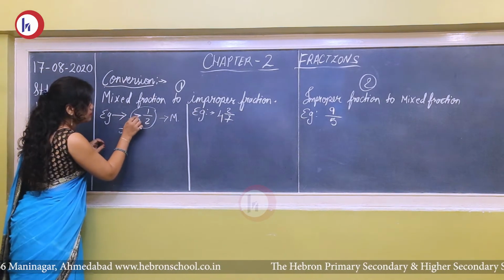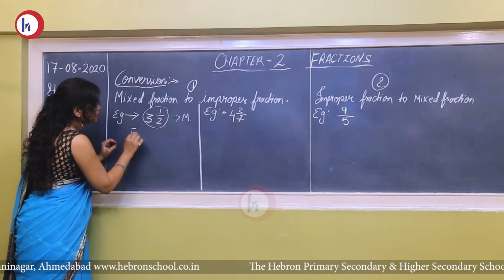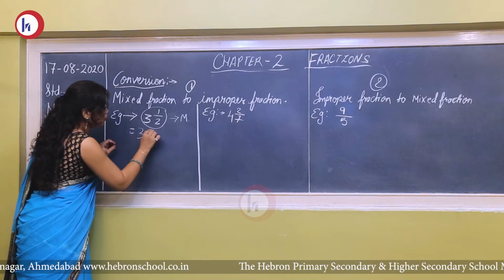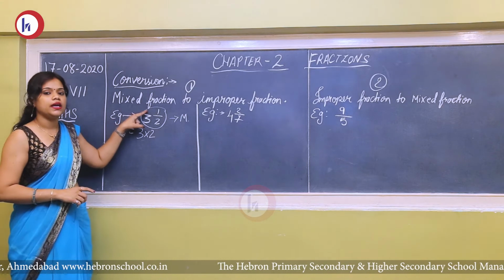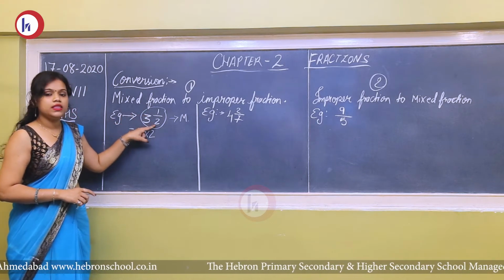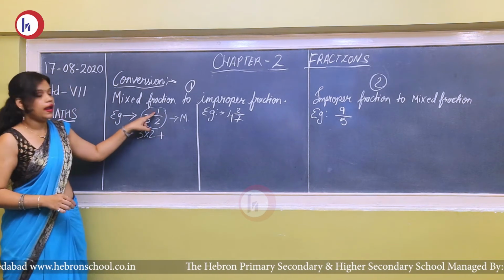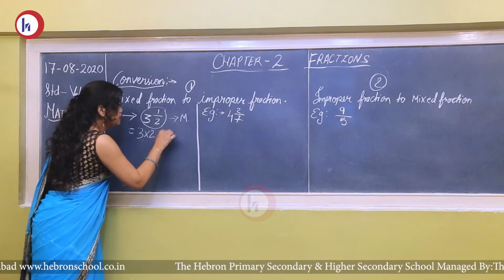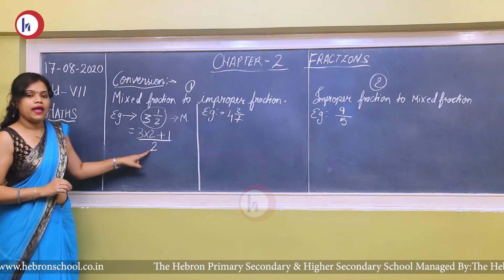Here you can see 3 is a whole number, 2 is in the denominator. So what we will do first is 3 multiplied by 2. Now listen very carefully, you have to always multiply the whole number with the denominator and then add the numerator. And the denominator 2 will remain as it is.